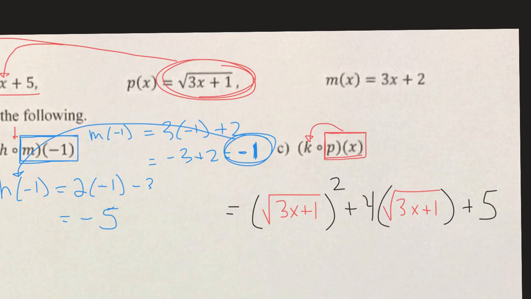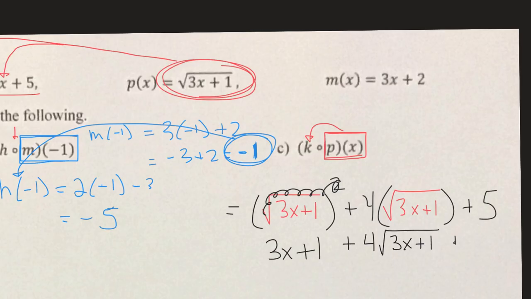So let's do some evaluating. What happens when I square a square root? Right? These ones essentially undo each other. So this is just normal 3x plus 1. What happens when I multiply a root by a number? Nothing. So 4 times the square root of 3x plus 1. Nothing happens. They just stay multiplied together.